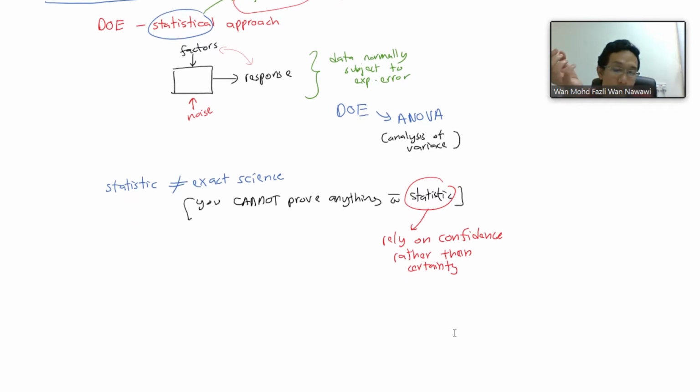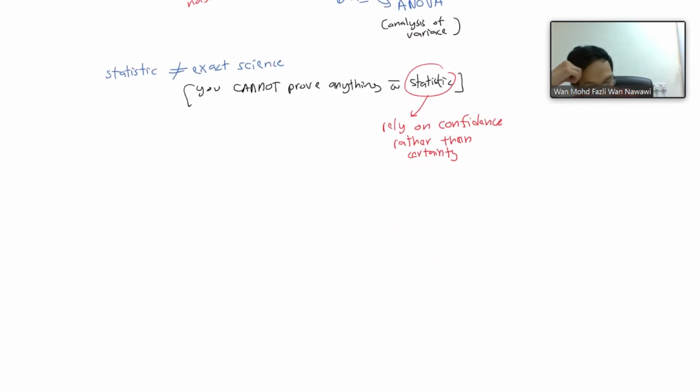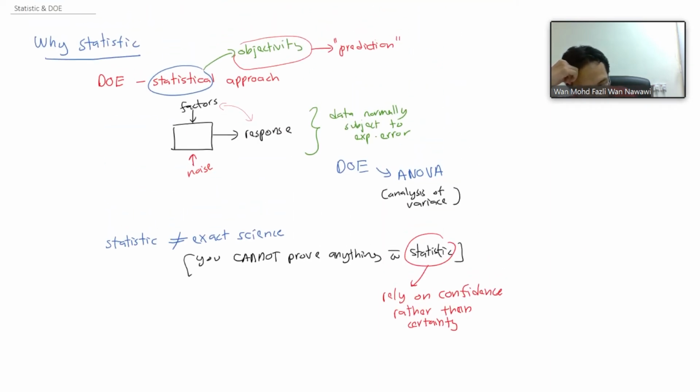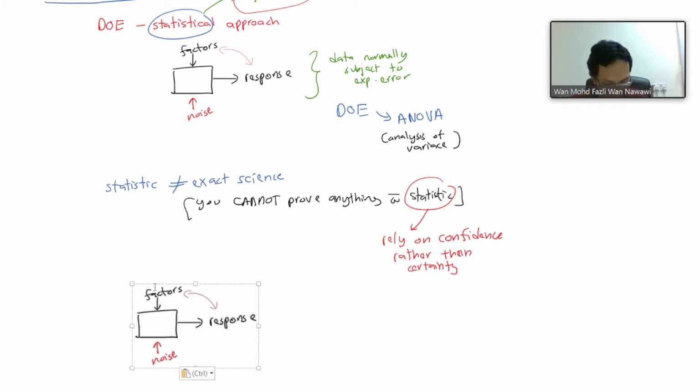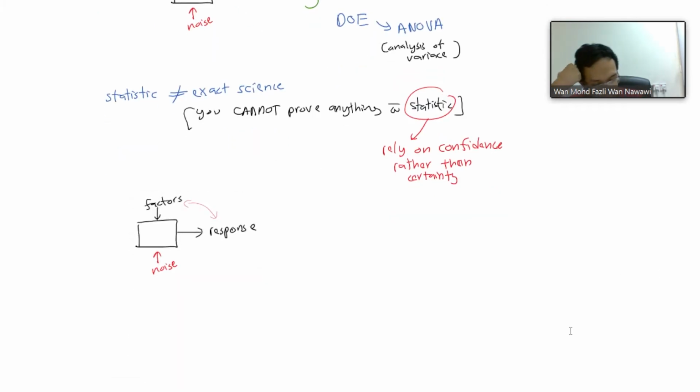So in other words, when you use DOE, the statistical method in DOE cannot prove that your factors have particular effects. I repeat, when you do statistical analysis using DOE, you cannot prove that this factor has a particular effect.